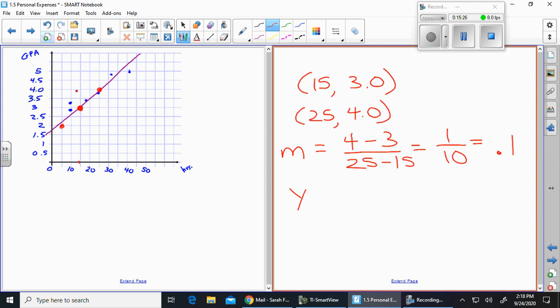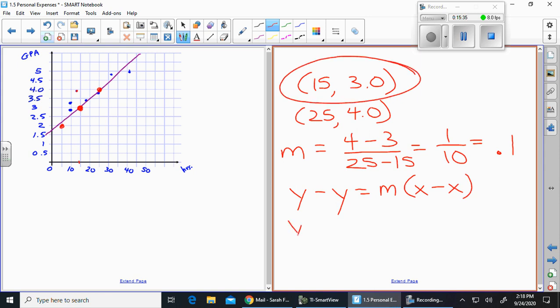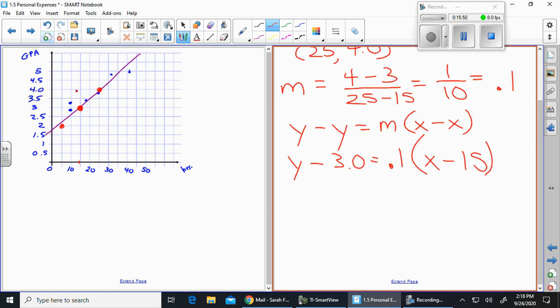Now use point slope. Y minus y equals m times x minus x. Pick a point. Y minus my y is 3.0. My m is 0.1. Parentheses x minus 15. Now work through that. Distribute. Y minus 3.0 equals 0.1 times x.